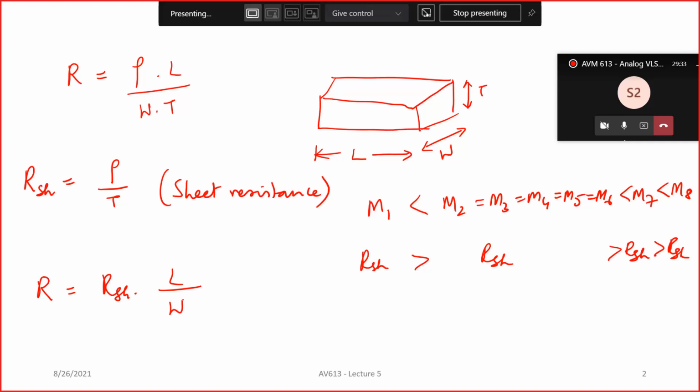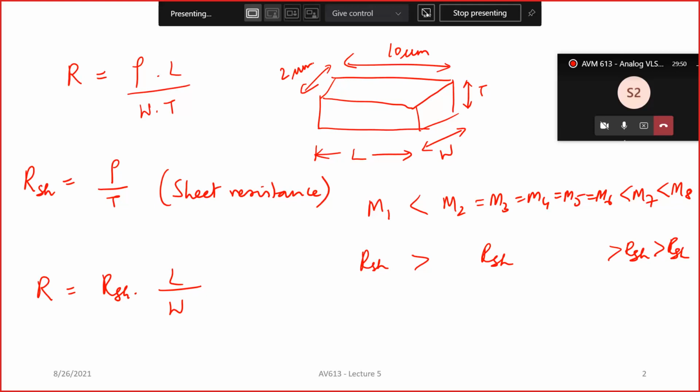You can decide how wide you want the metal to be and how long you want the metal to be. In the example that I had given, I had taken the length to be 10 micrometer and the width to be 2 micrometer, and as a designer you have complete control over these two parameters.